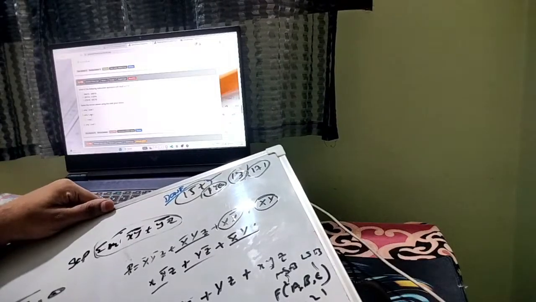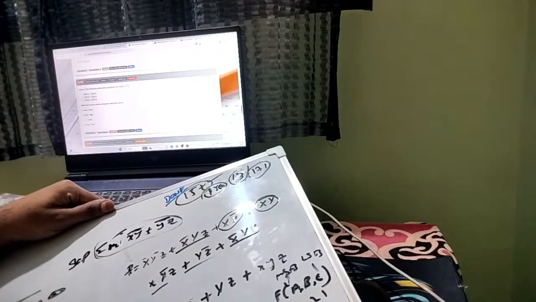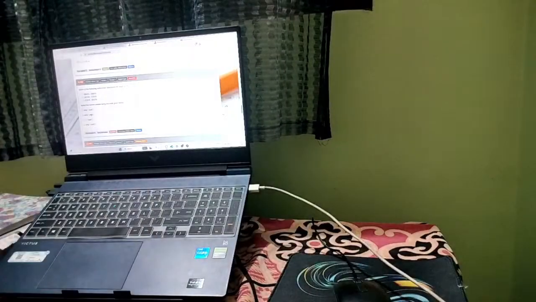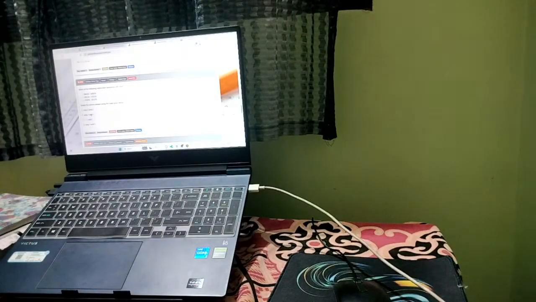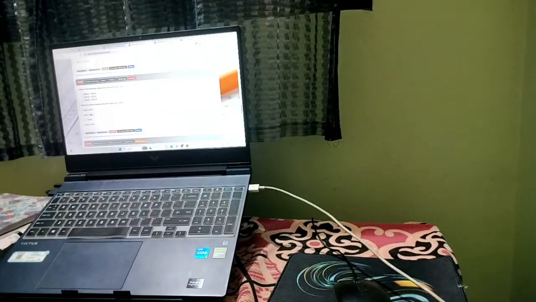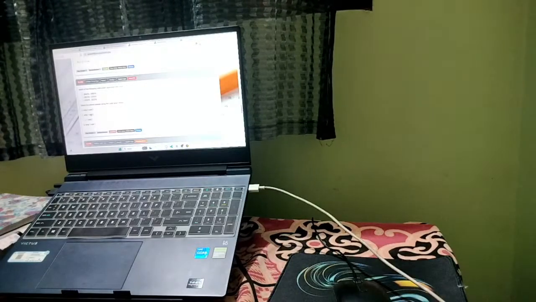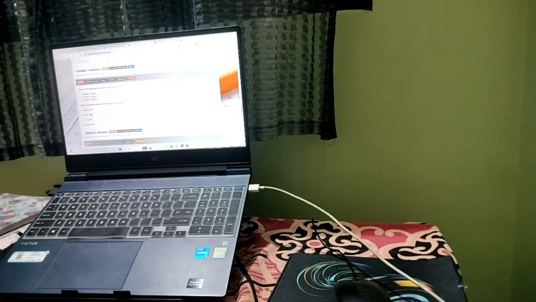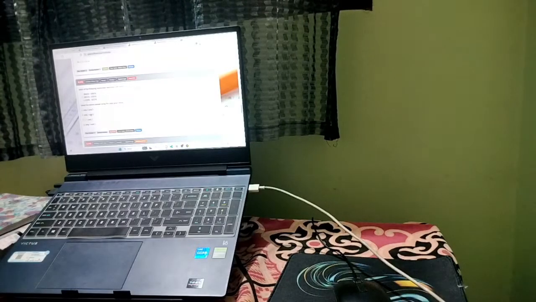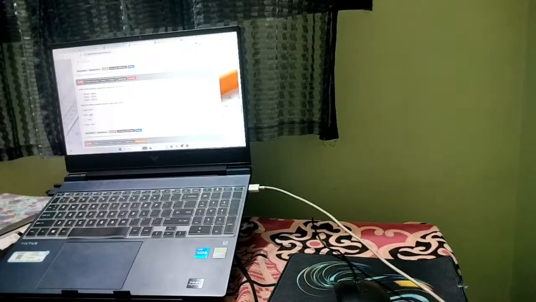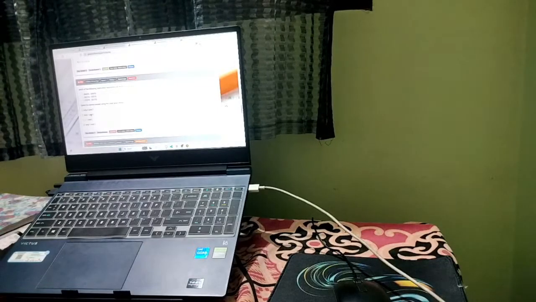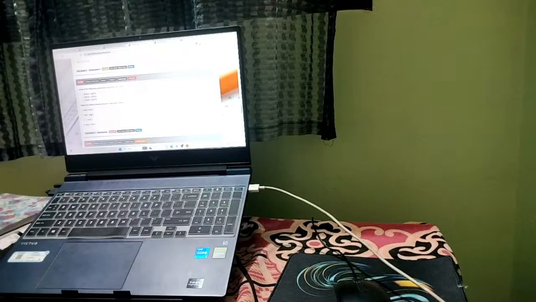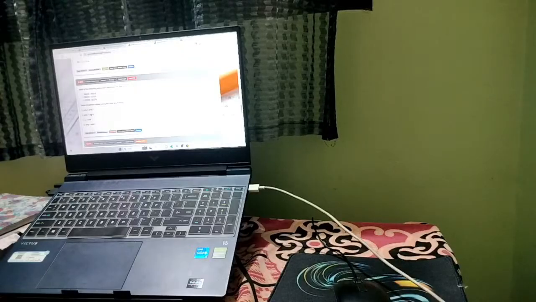So 2 must become 0. This is completely false, right? So this 0, 4, 2 will become 8. If we take 14 from here, it will become 9. Can you just repeat? It will become 9. It might be 8, 4, 6, almost 8. Okay, we add 294 plus 86.